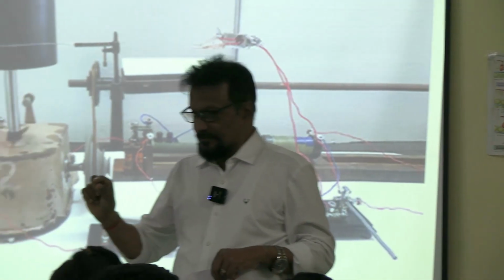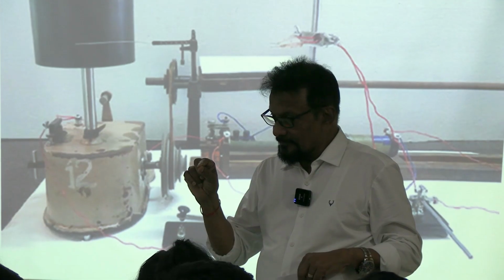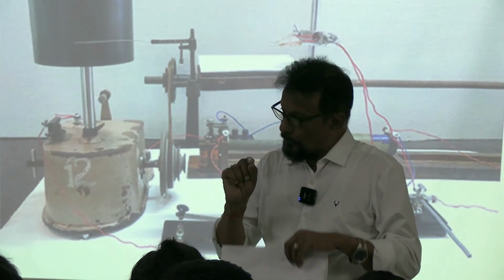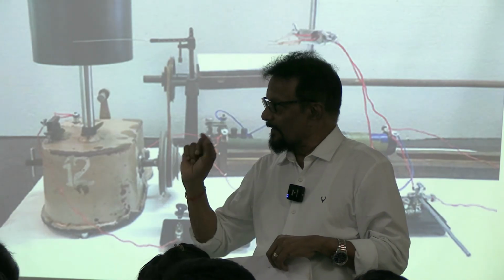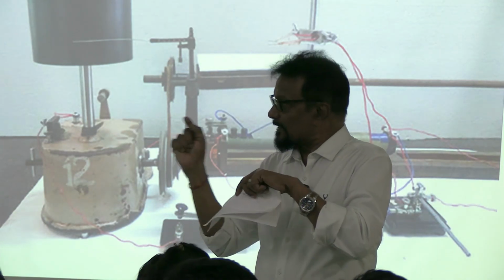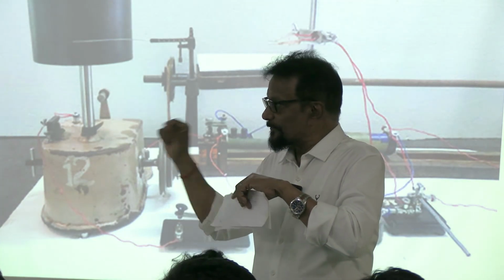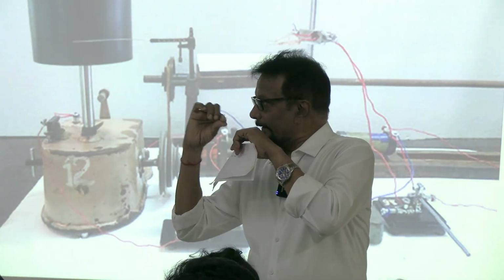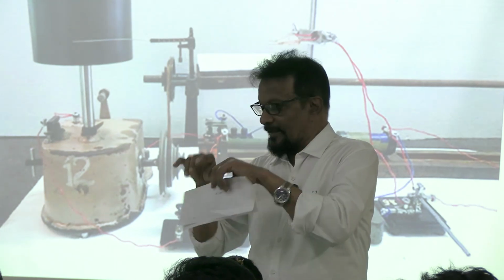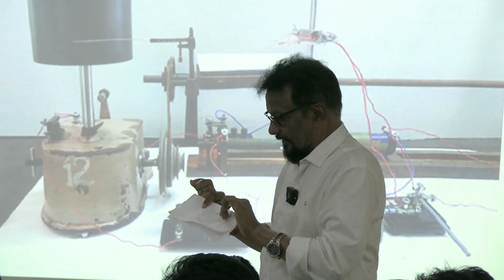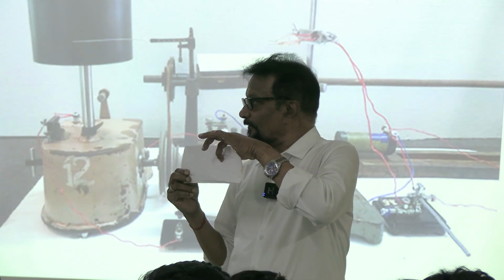I took a piece of X-ray plate, and from this X-ray plate, take a small piece of this much width. Then make one end sharp and curve it. Then fix the other end to one arm of the tuning fork.